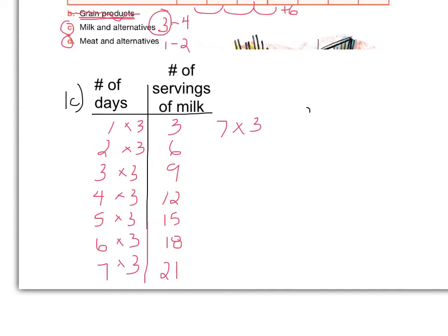If I wanted 4 servings, it would be the same thing, except I would be multiplying by 4 all the way here as opposed to 3. And then it would be 7 times 4 as my final one, which would be 28. So depending on which number of servings you chose, 4 or 3, you would get either 21 or 28 servings after 7 days.